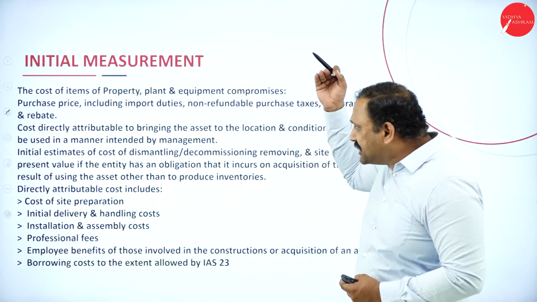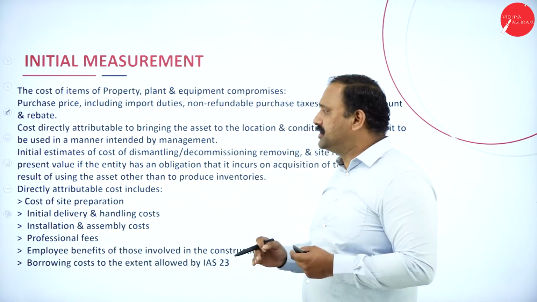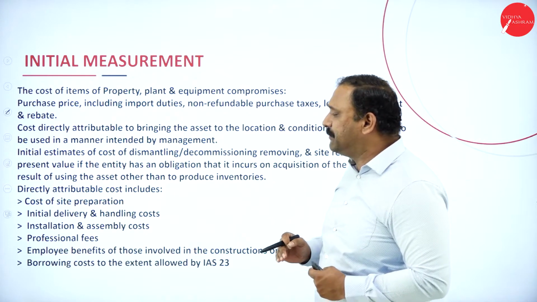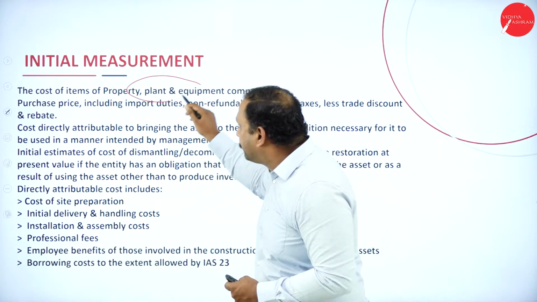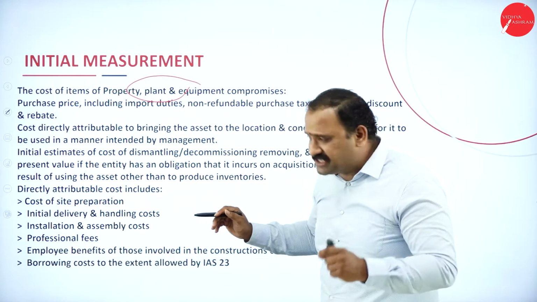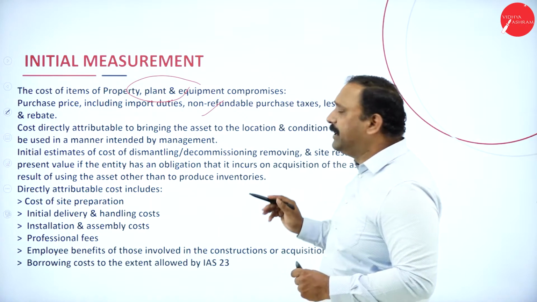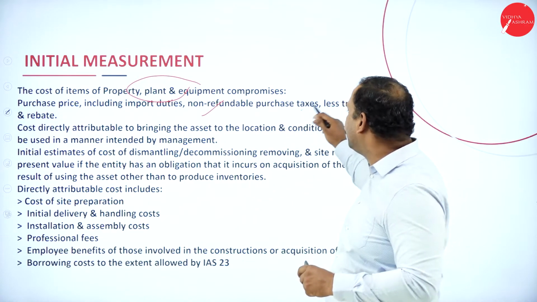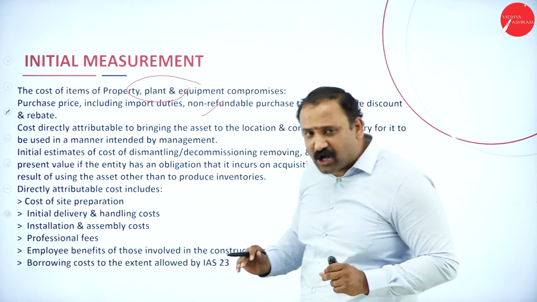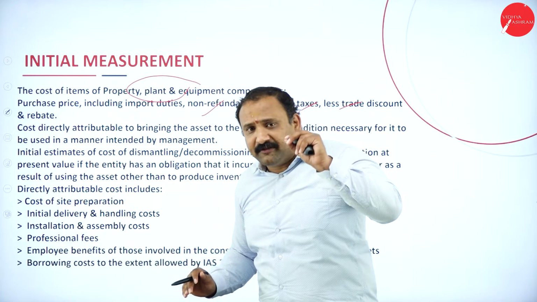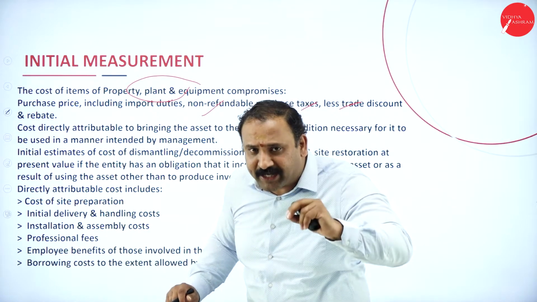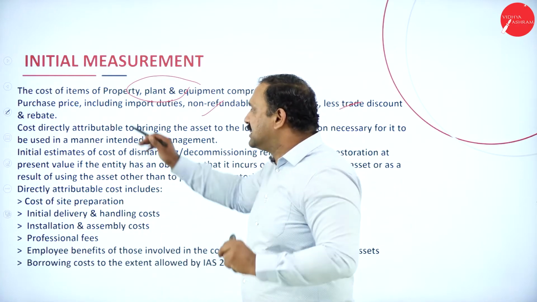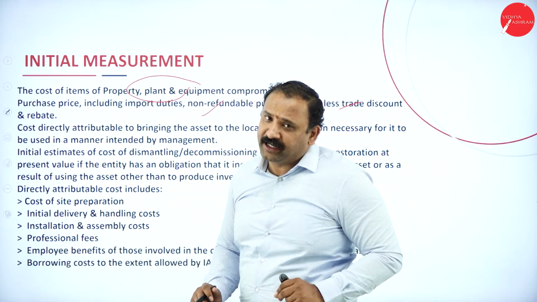Followed by initial measurement. Let's talk about initial measurement. What is initial measurement all about? First, the cost of items of property and plant comprises the purchase price, including import duties and non-refundable purchase tax, less trade discount and rebate. Whatever is the actual amount being paid on the bill by the organization, that is where the purchase price comes into the picture.